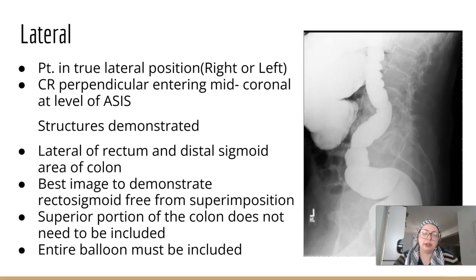The structures demonstrated are the lateral of the rectum and the distal sigmoid area of the colon. This will be the best image to demonstrate the rectosigmoid free from superposition. Like I said before, the superior portion of the colon does not need to be included, but the entire balloon does. That's why I said we should go up with the patient a little bit, because the balloon's a little bit cut off.